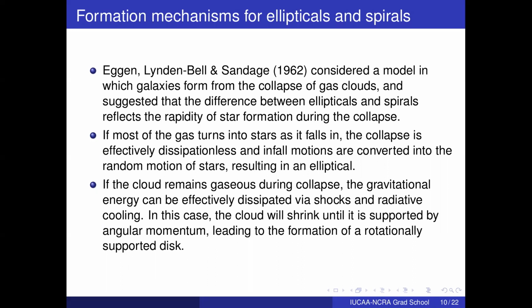Remember, the cloud, the dark matter halo in which it forms, has some angular momentum, and therefore the baryons also have some angular momentum. That angular momentum builds up, and the cloud shrinks until it gets supported by the rotational angular momentum of the gas. And that leads to the formation of a rotationally supported gas disk, which then slowly forms stars. So it slowly converts gas into stars.